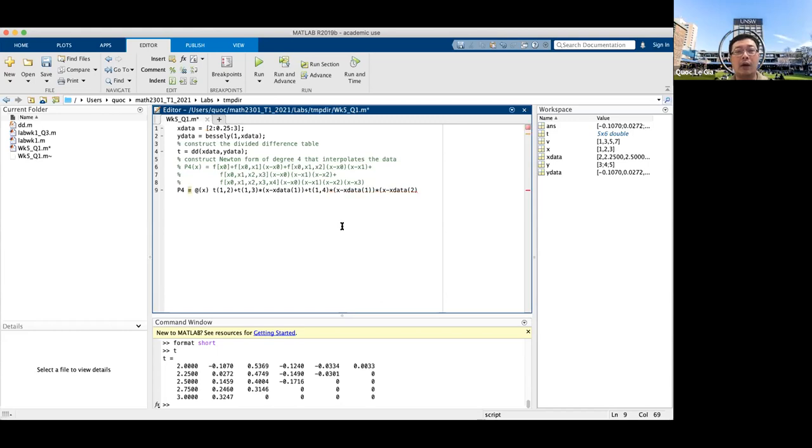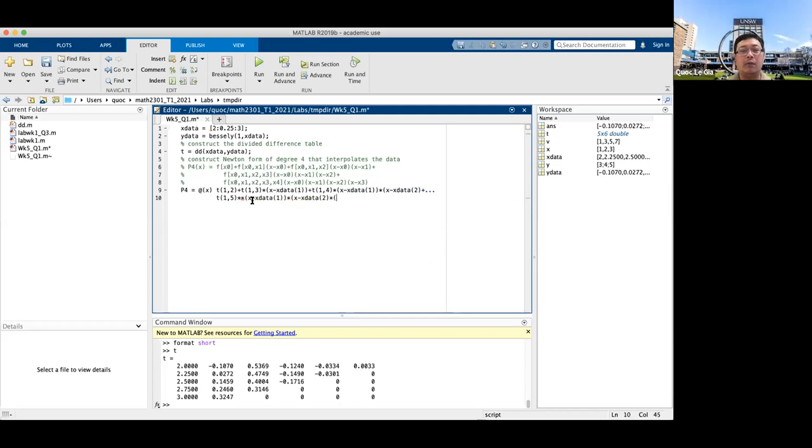Okay, so now I have to go into a new line because it's a bit too long. So I got T1 5, and then I have to multiply by 3 terms, remember? So we have 1 term, 2 terms, and now 3 terms. So copy and paste, and this one is x minus x data 3, and then T1 6, and so on.